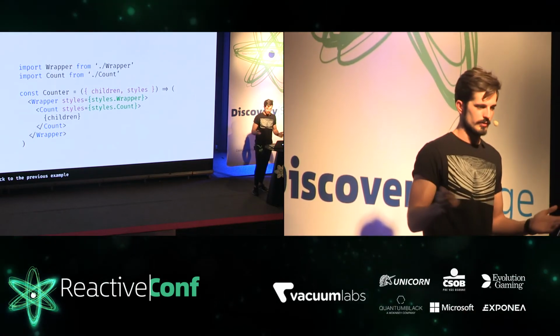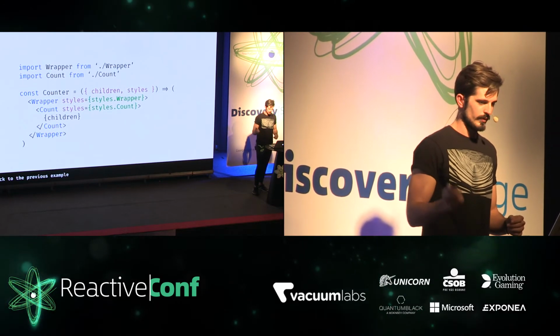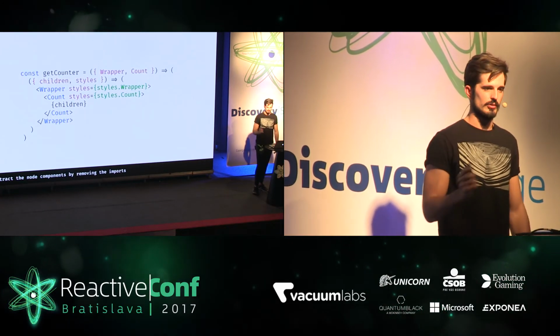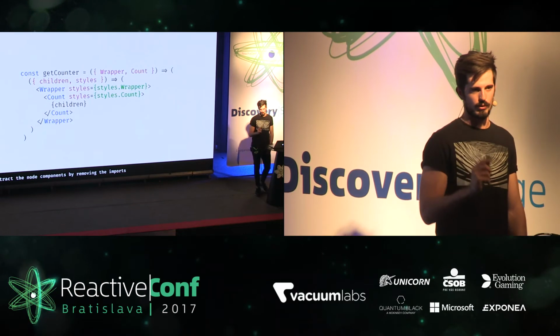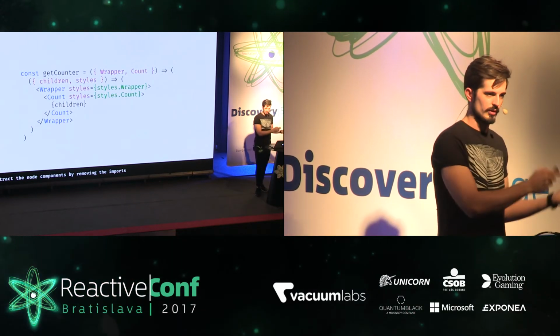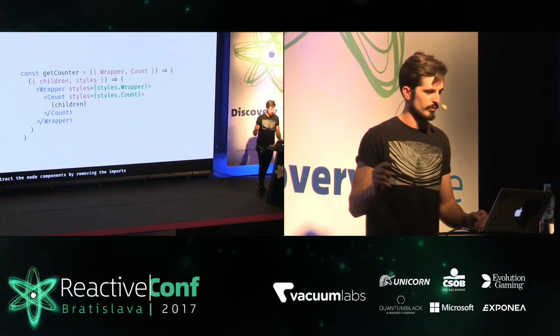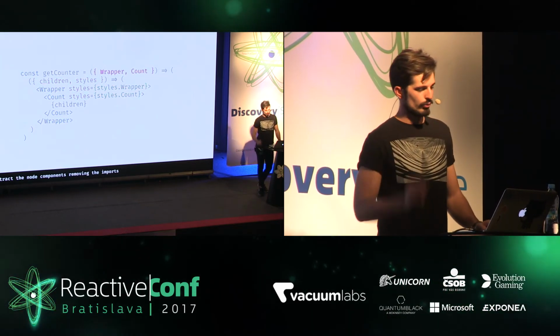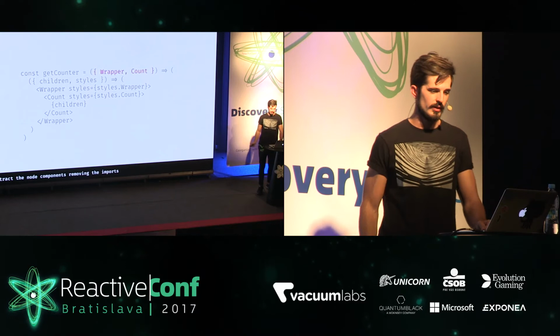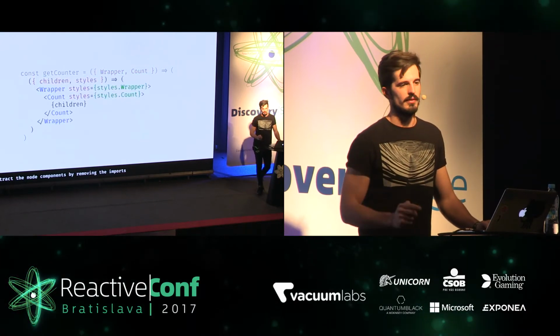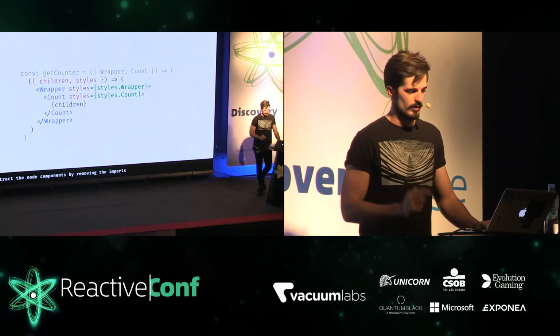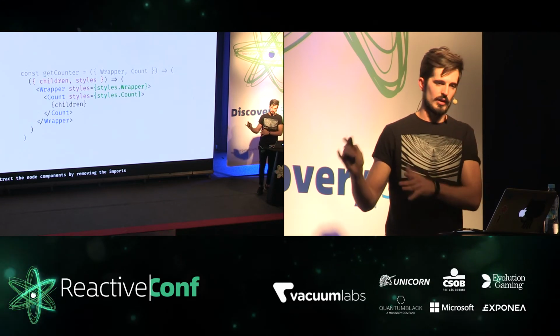How can I do that? Well, what you can do is expose a function that receives those two components instead of just importing them. This is dependency injection. This is a classic concept, right? So you get those wrapper and count components and return the counter component. This is just like a factory.